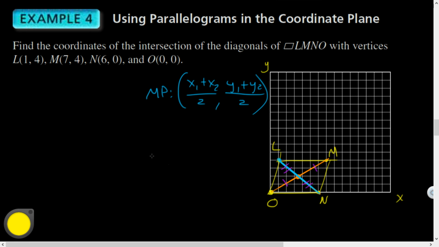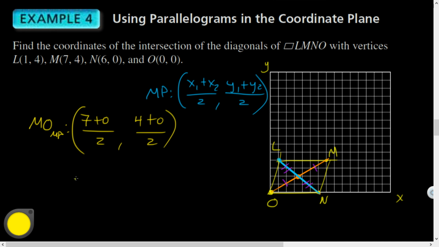All right, here we go. So midpoint formula, let's find the midpoint of MO. So Mo money, Mo midpoint. 7 plus 0 divided by 2 and 4 plus 0 divided by 2.